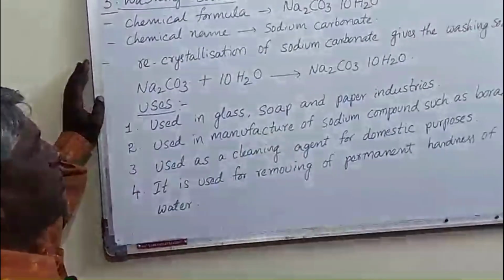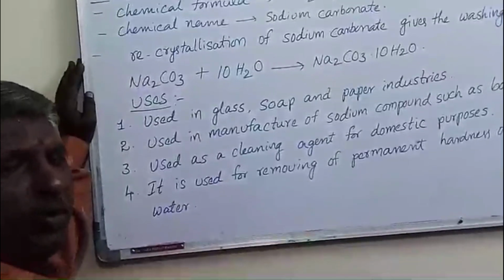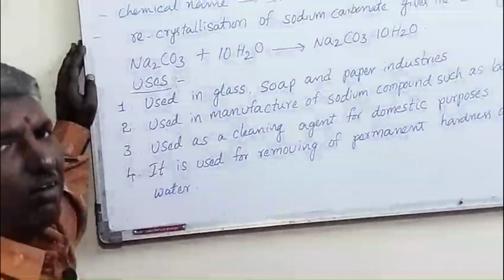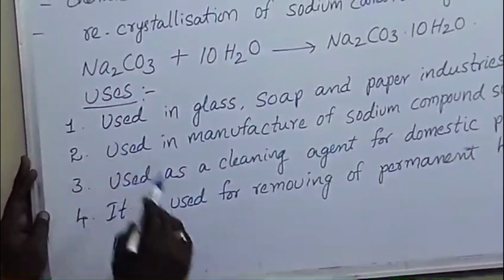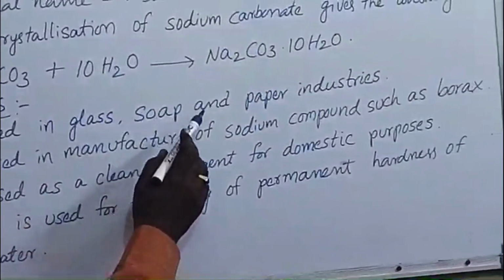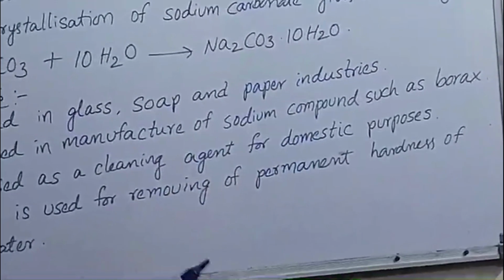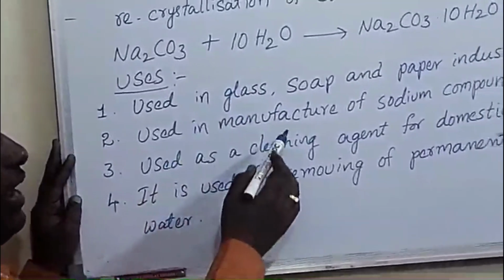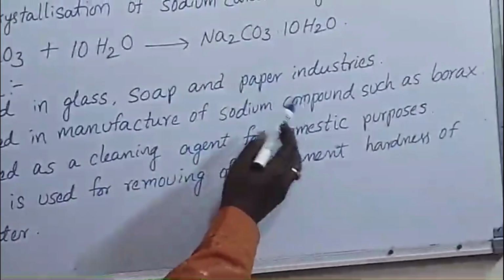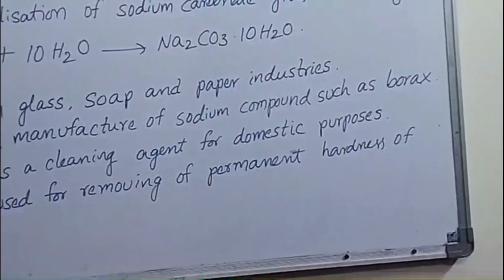Sodium carbonate is also used in so many situations in our daily life. Some important uses are: it is used in the glass, soap and paper industries for washing or cleaning purposes. It is used in the manufacture of sodium compounds such as borax.